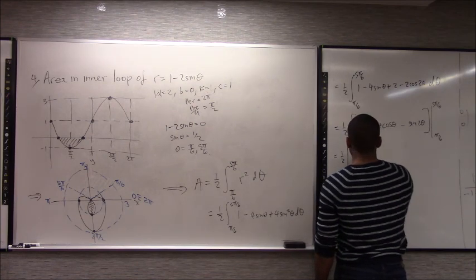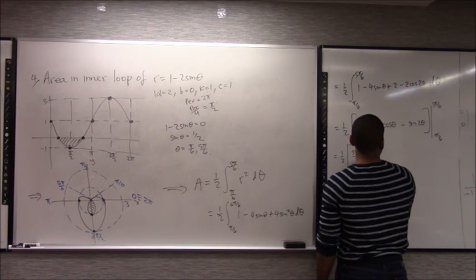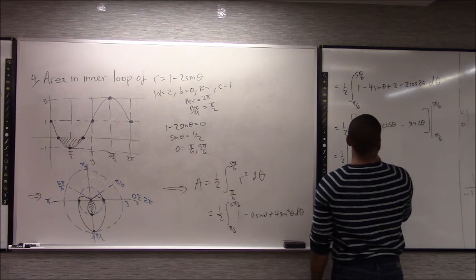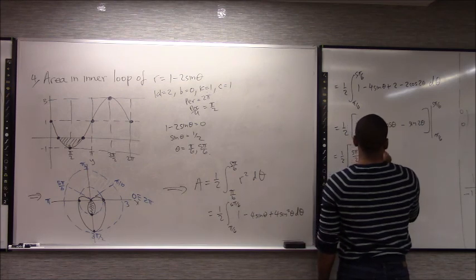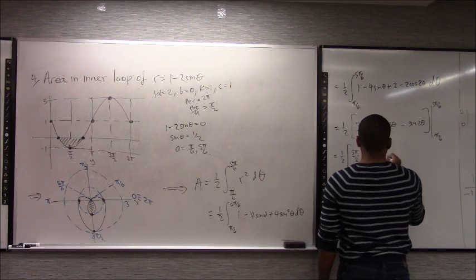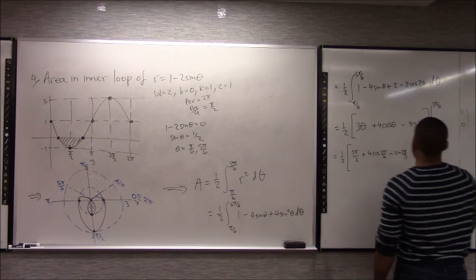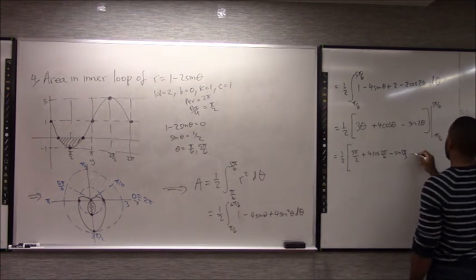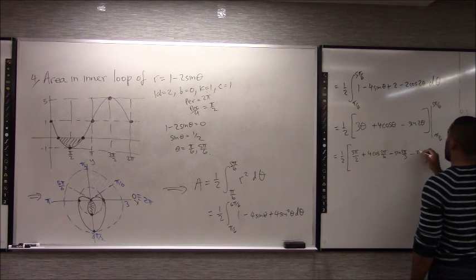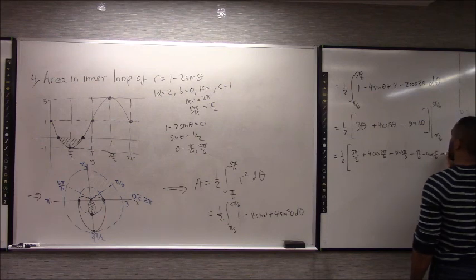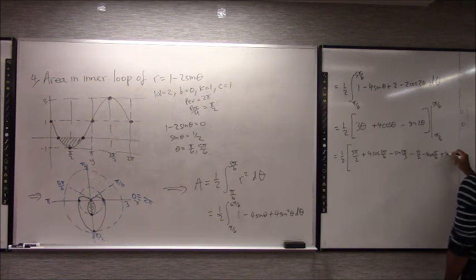So here I would have 5 pi over 2 plus 4 cosine 5 pi over 6 minus sine of 5 pi over 3, minus, pi over 2 minus 4 times cosine pi over 6 plus sine of pi over 3.